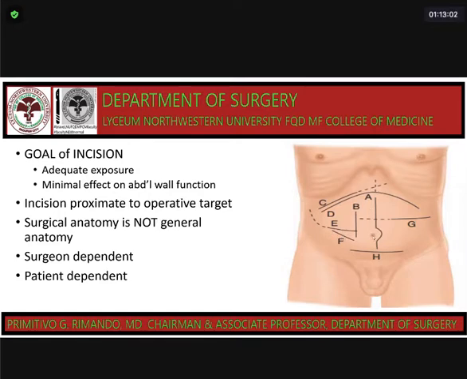So now, of course you still have to identify your McBurney's point. But instead of doing an oblique incision like this, we now do a horizontal incision. At this point, so this is the boundary of your rectus, so we do not approach the rectus. So the incision would be just here.